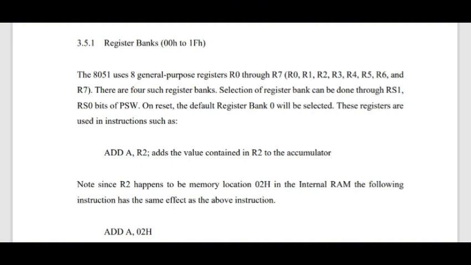Like the names of furniture sets are like R0 to R7. The 8051 uses 8 special friends called R0 through R7.